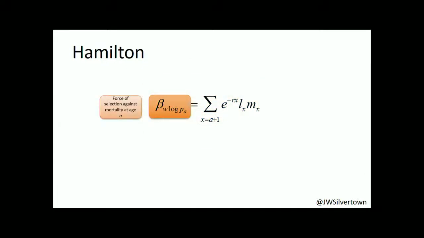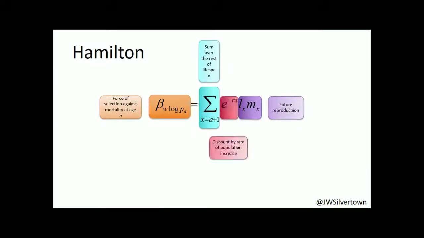On the left-hand side, we've got the force of selection against mortality with age. That's beta, and those other things essentially index it by age and fitness. And on the right-hand side, we've got the sum over the rest of the lifespan, from age A onwards, of future reproduction discounted by the rate of population increase.